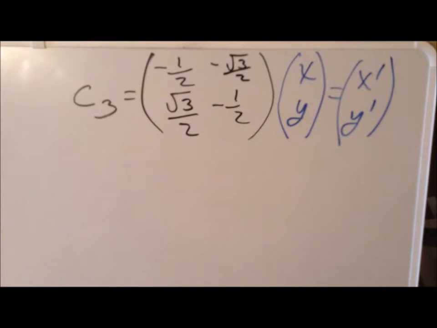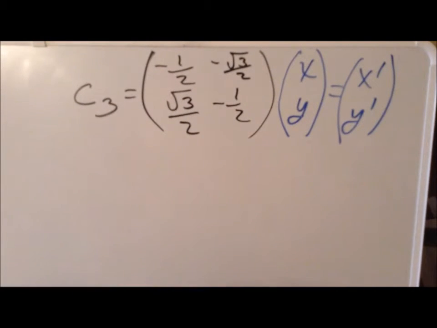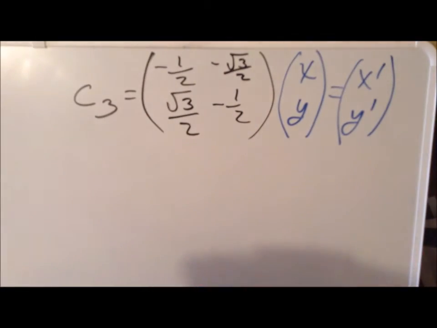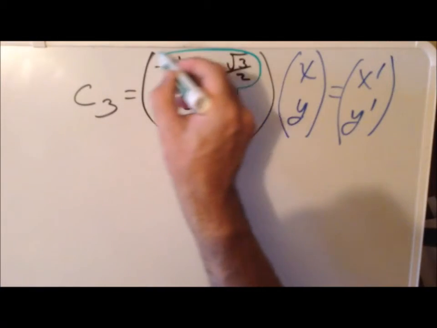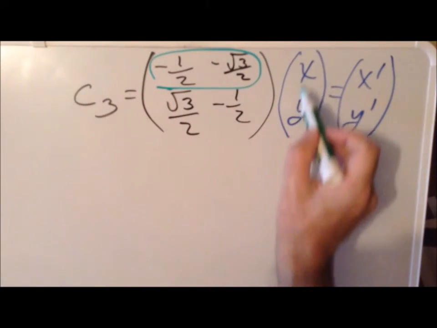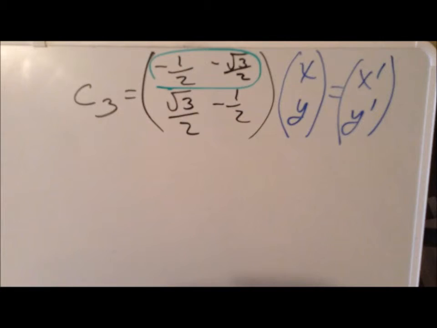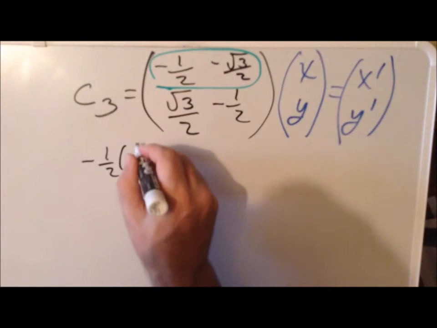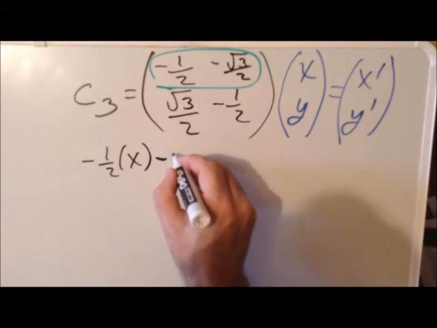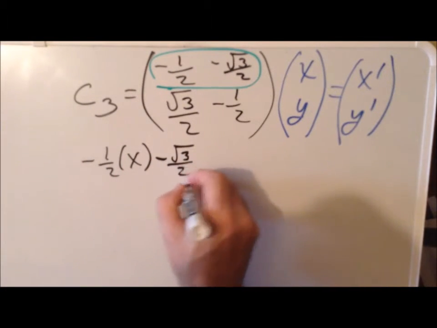So let's multiply. We have our first row, and our first row is here. And we multiply the first row times the first column, so that what we're going to get is an expression that looks like minus 1/2 times x minus the square root of 3 over 2 times y. So that's what we get multiplying the first row times the first column.